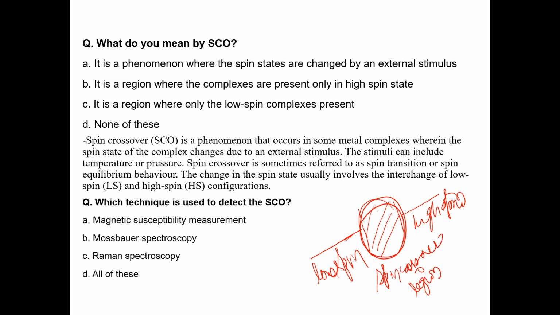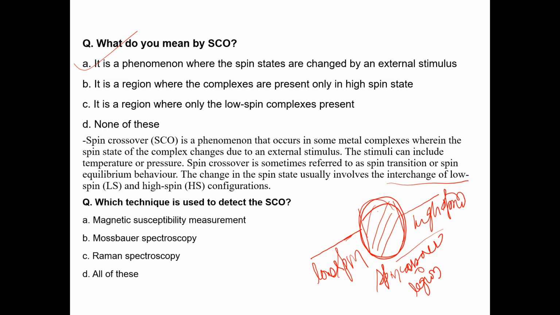So it is a spin equilibrium behavior. The change in the spin state usually involves the interchange of low spin and high spin configurations. So it is a phenomenon where spin is changed by an external stimulus.